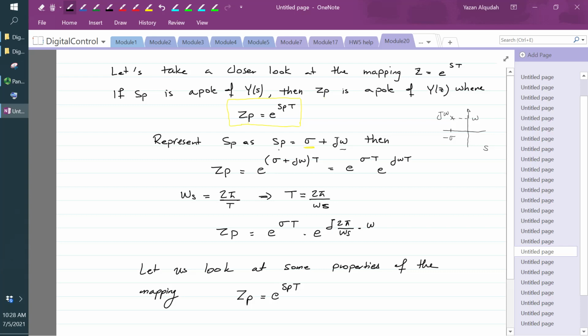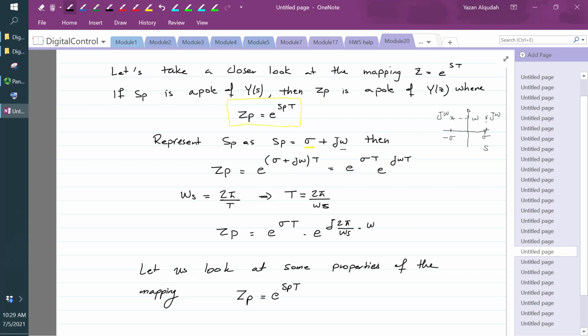So therefore sp is expressed as sigma plus j omega, and therefore z_p is going to equal e^((sigma + j omega)·T). If I separate these, I can write this as e^(sigma·T) multiplied by e^(j omega·T).